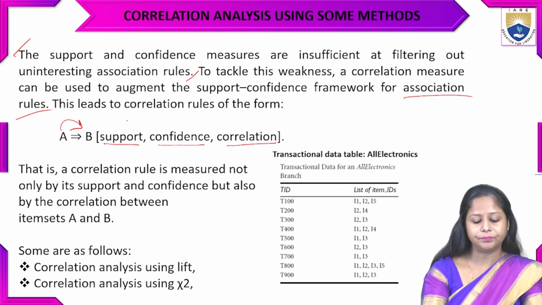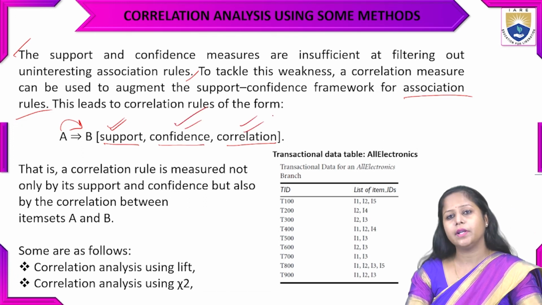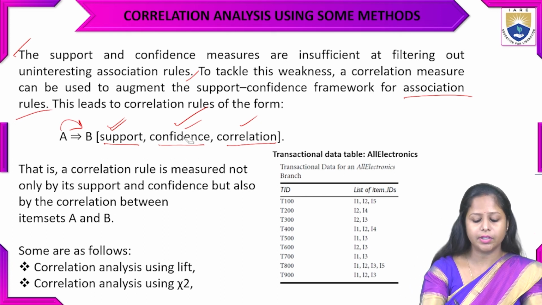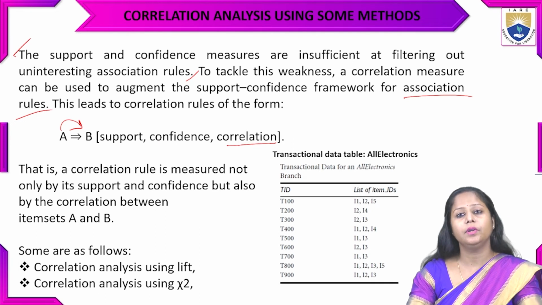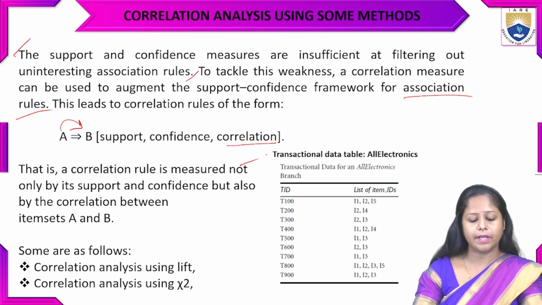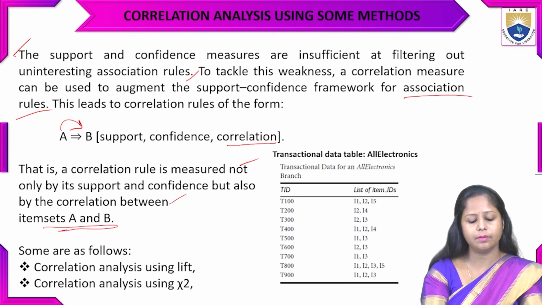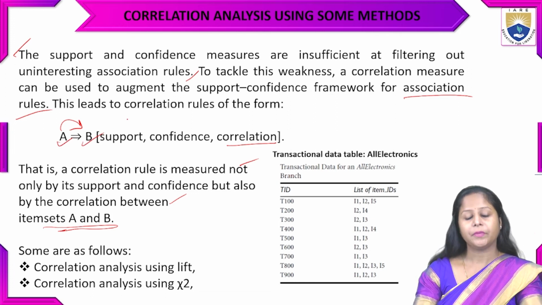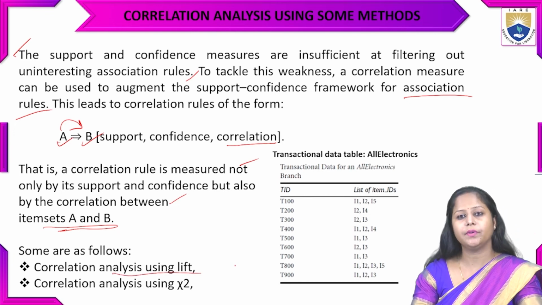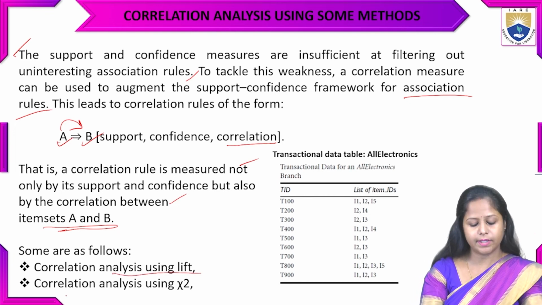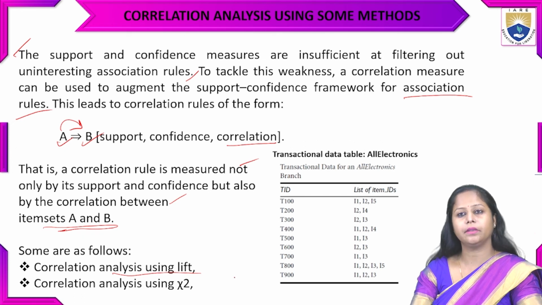In this method we need to check the support, confidence, and correlation, all three together. So a correlation rule is measured not only by its support and confidence but also by the correlation between items A and B. Some of these methods are correlation analysis using the lift method and correlation analysis using the chi-square method.